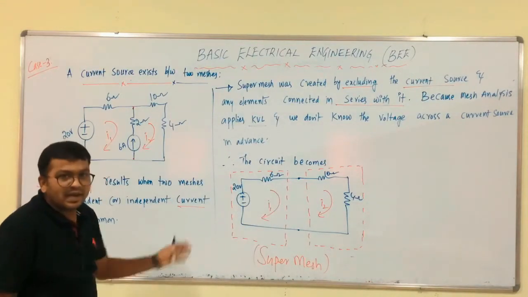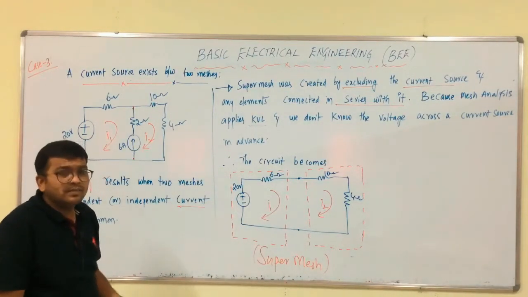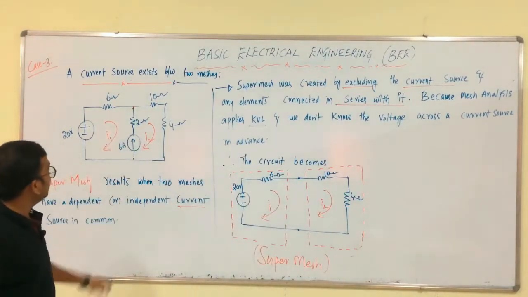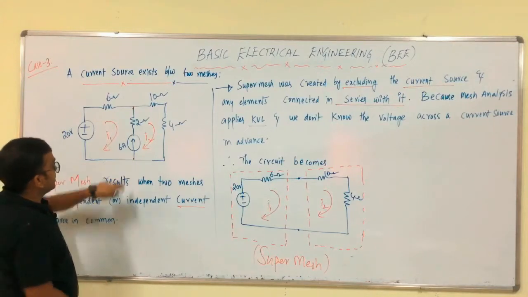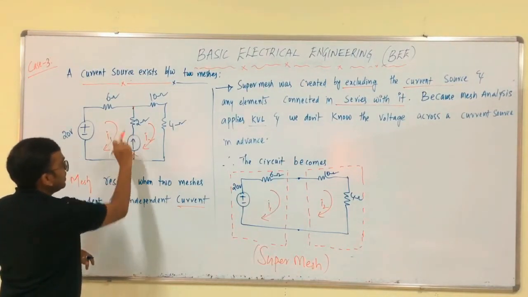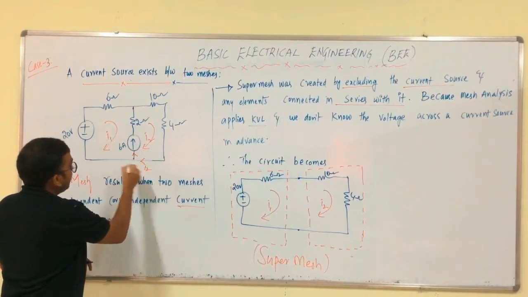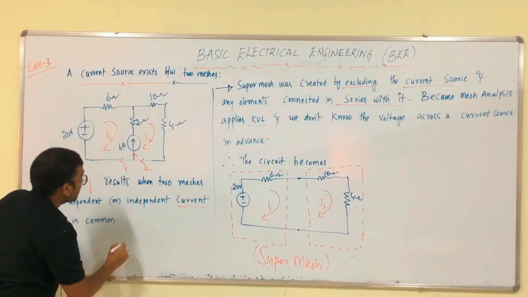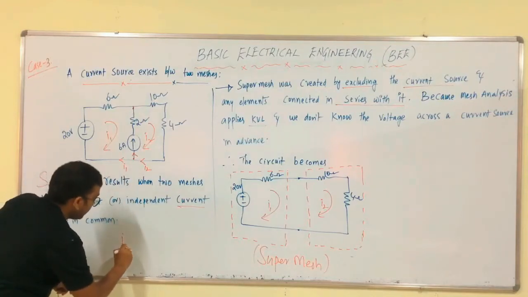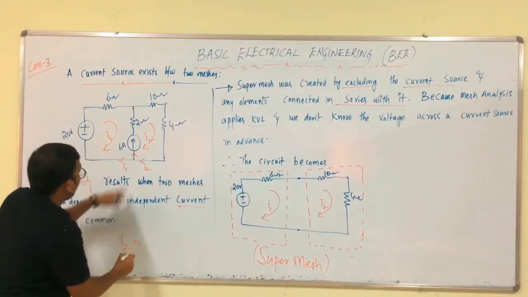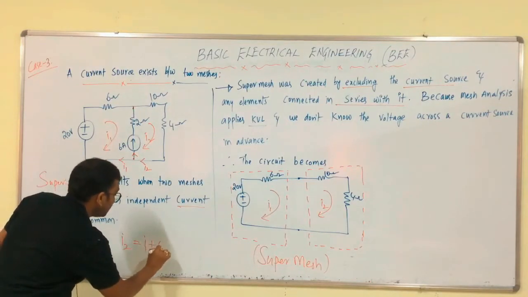Now, we have to calculate the currents I1 and I2. It looks like a simple loop, no? Before that, we have to write KCL from this. The 6 amps is the leaving current, I1 is leaving like this, and the entering current is I2, which equals I1 plus 6.